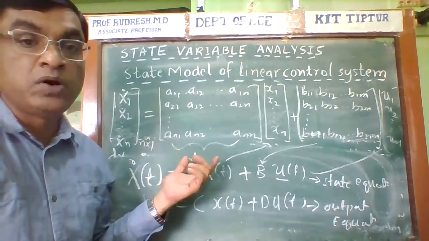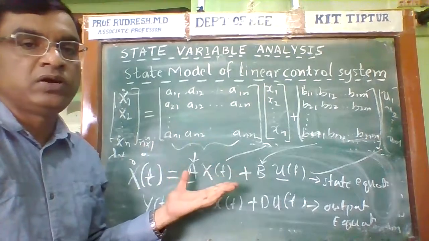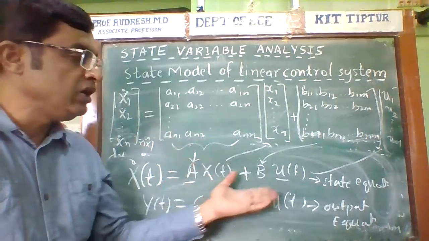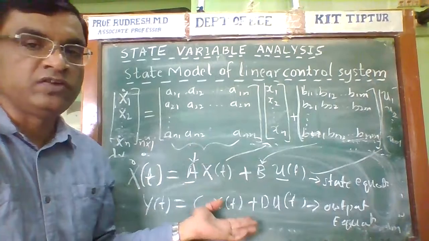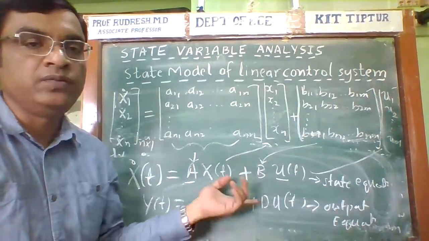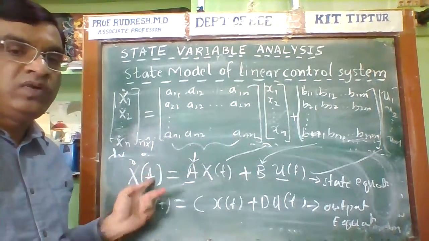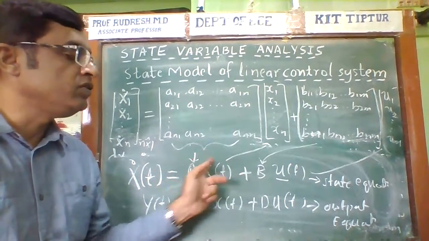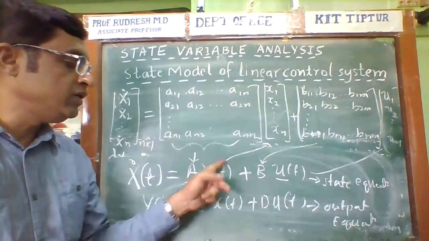So what is the state model? The state model is nothing but the state equation and the output equation. What is the state equation? The first derivative of the state variable is equal to a linear combination of the input variables and the state variables. The output equation is the linear combination of the input variable and the state variable.